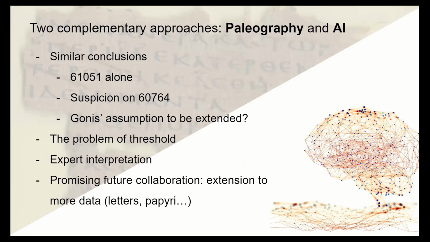This threshold concerning the intra-scribal variation, the within-writer variation, had an interesting resonance in the computational approach, because the neural network at some point, at some threshold, as we saw in this clip, started connecting letters from one papyrus with letters from another papyrus before connecting all the letters of the first one with each other. So this would be a nice hint that two papyri were written by the same scribe.